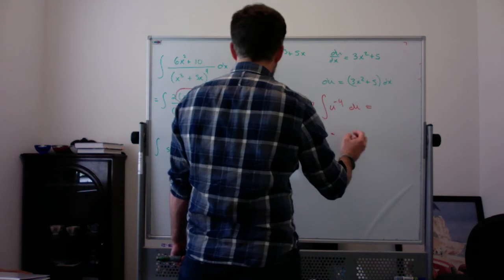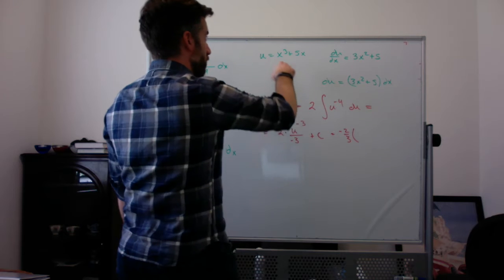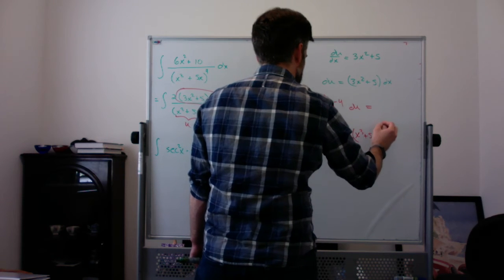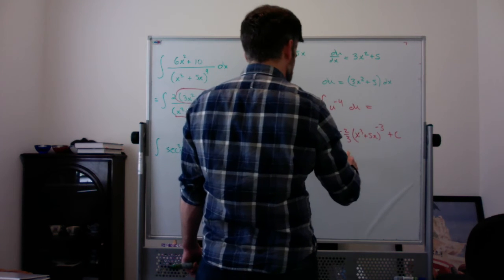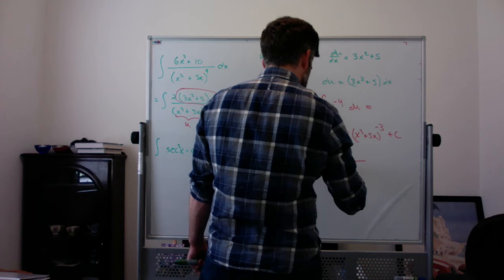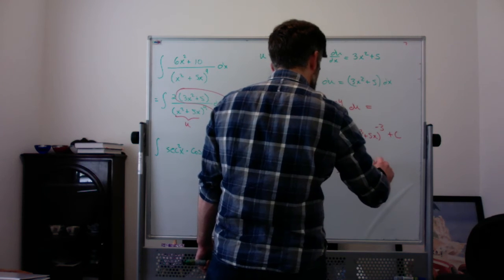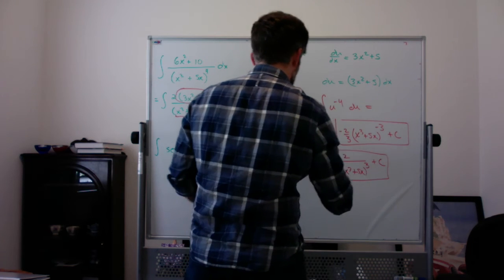So you can either write your final answer as negative 2/3 times u, which is x cubed plus 5x, to the negative 3rd plus c, or you can put that in the denominator and write it as negative 2 over 3 times x cubed plus 5x to the positive 3 plus c. Either way, it's a perfectly fine way of writing it.